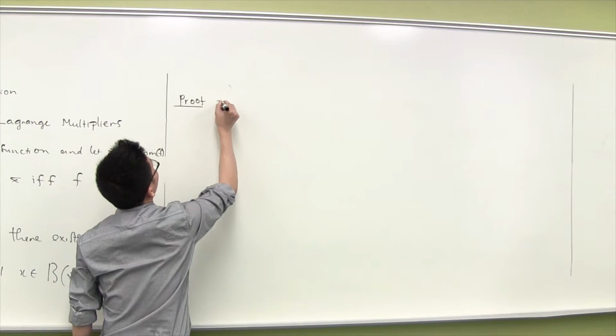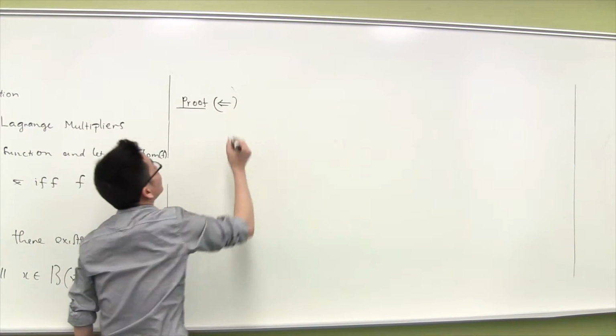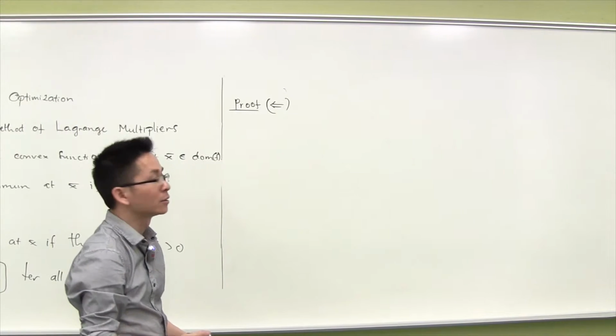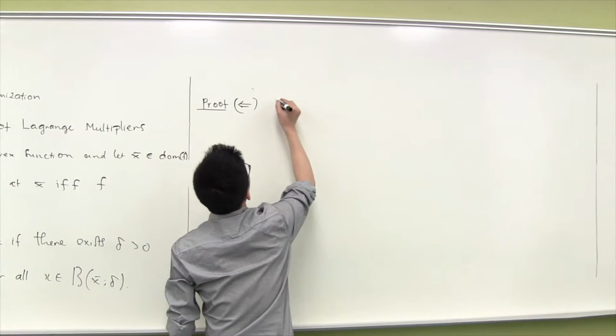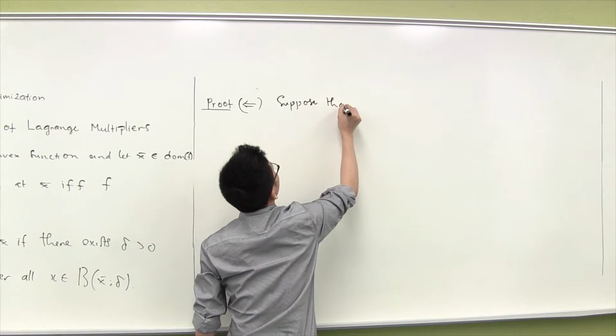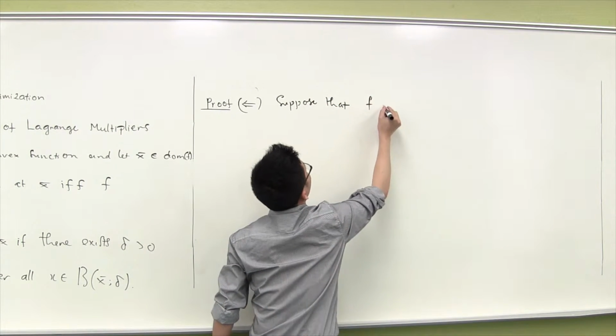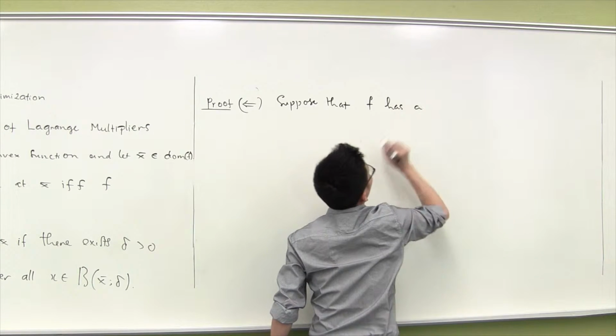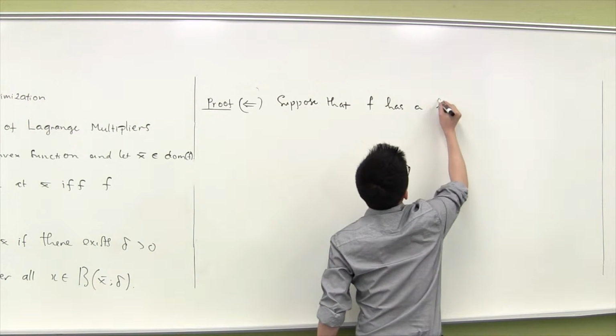So it suffices to prove that the converse is satisfied. Okay, so suppose that f has a local minimum at x bar.